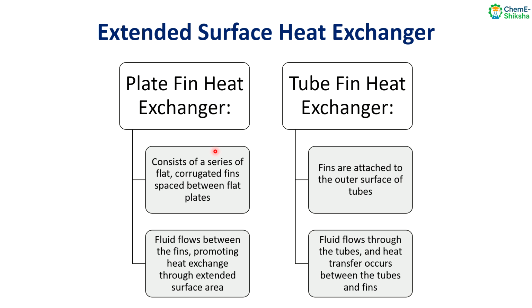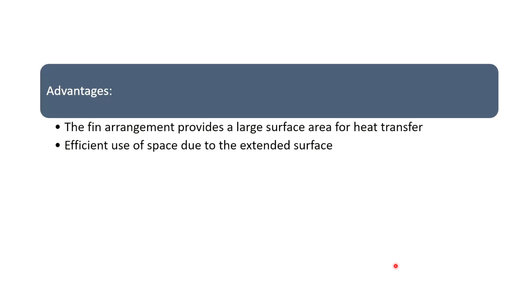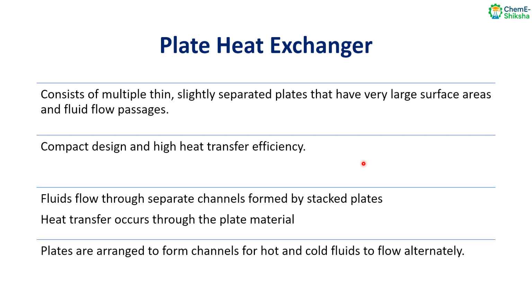In the case of plate fin, the fins are in between the flat plates, and in the case of tube fin, the fins are attached to the outer surface of the tubes. The fluid flows through the tubes and heat transfer occurs between the tubes and fins. The advantage of this kind of extended surface is that the surface area is more, so this fin arrangement provides a large surface area, meaning heat transfer will be more, and efficient use of space due to the extended surface.